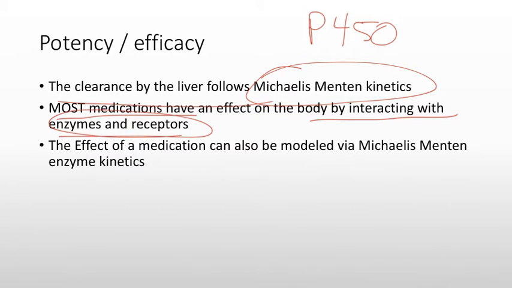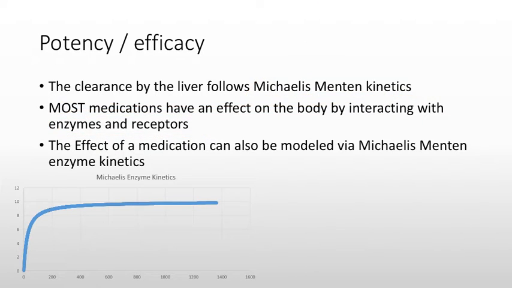It may have an effect by interacting as an enzyme activator, as an enzyme inhibitor. There's several different ways, and so we can model the effect of a medication most of the time using these same Michaelis-Menten kinetics. And just to remind you, this is a diagram showing a Michaelis-Menten enzyme graph.